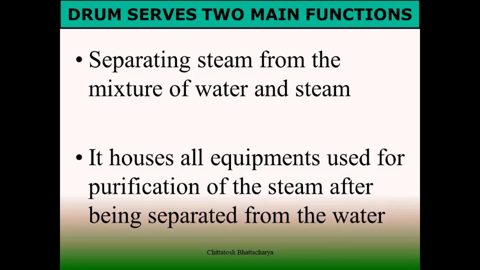Besides separating steam from the mixture of water and steam, the drum also serves the purpose of purification and drying of steam. By drying, we actually mean removal of moisture so that only saturated dry steam comes out of the boiler drum and goes for superheating.